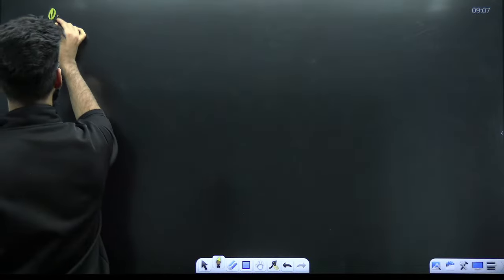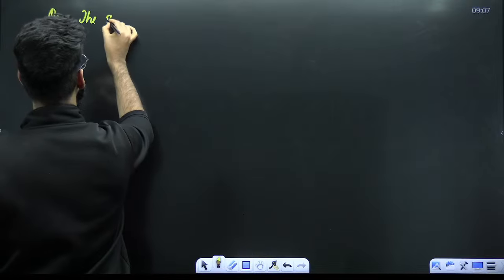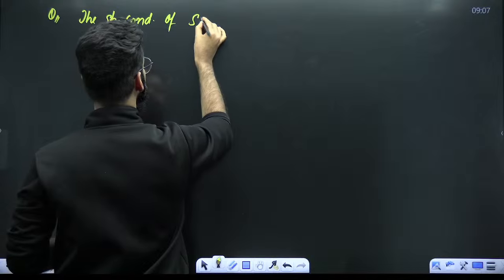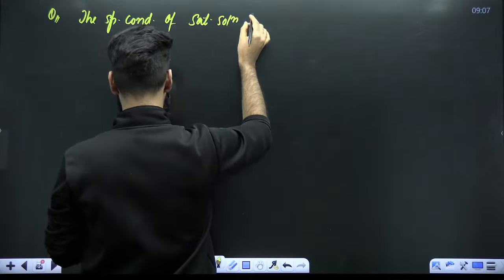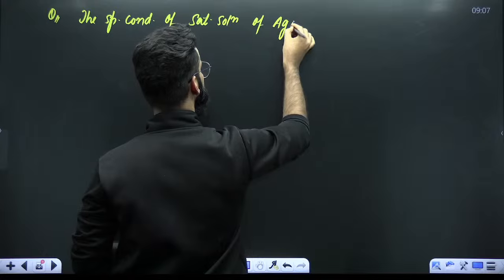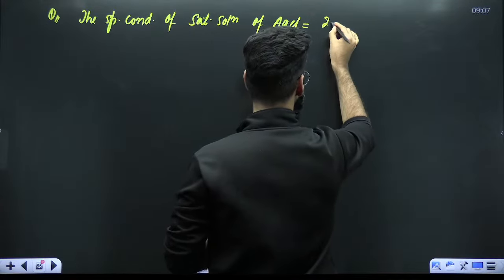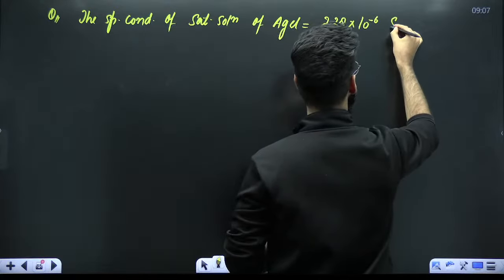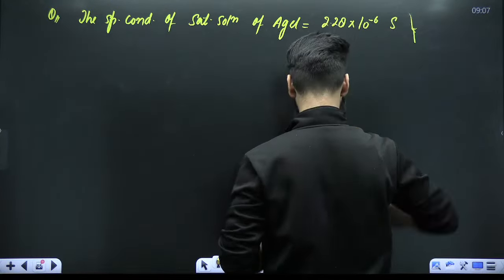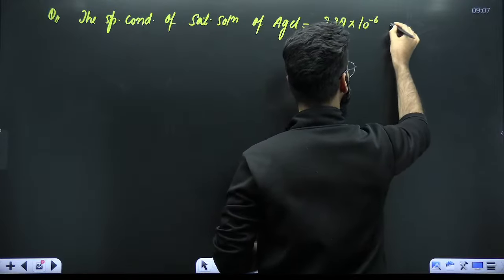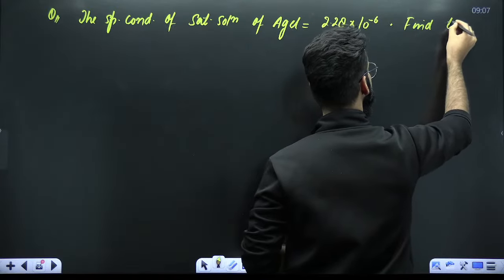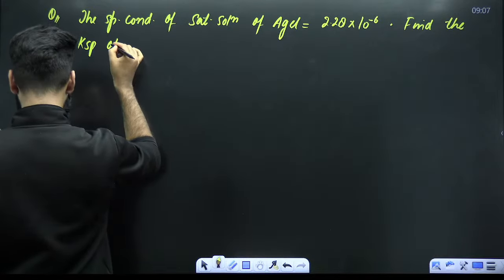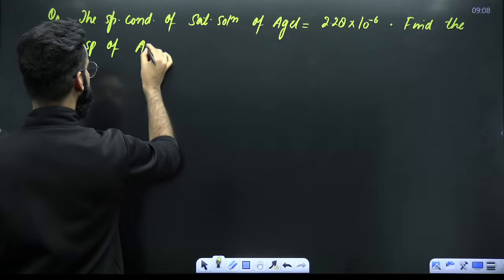The question is: the specific conductance of a saturated solution of AgCl is given as 2.28 × 10^-6.